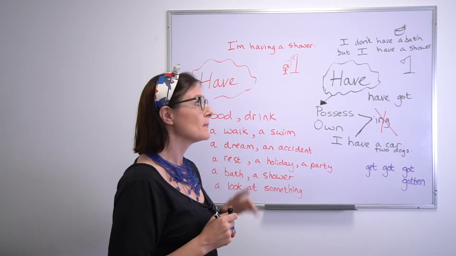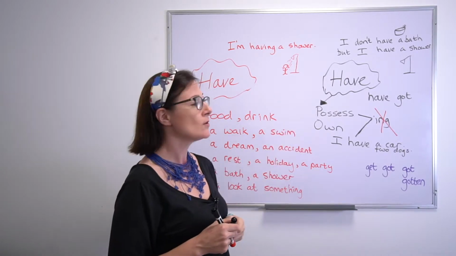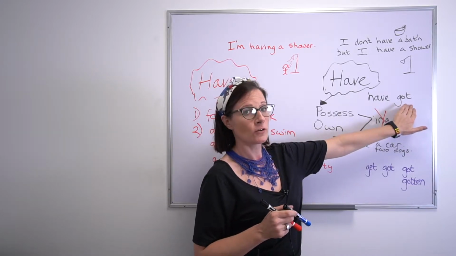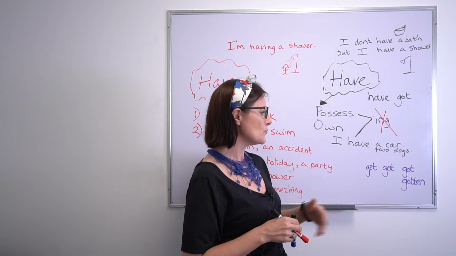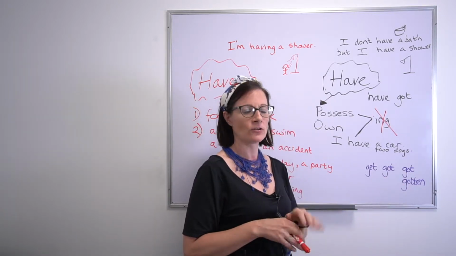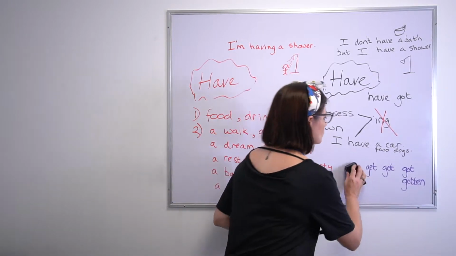Another thing we must remember with have when it means possess and own is that sometimes people use the word got. Got here has nothing to do with get, got or gotten. It is totally different, totally separate. They are not related at all.